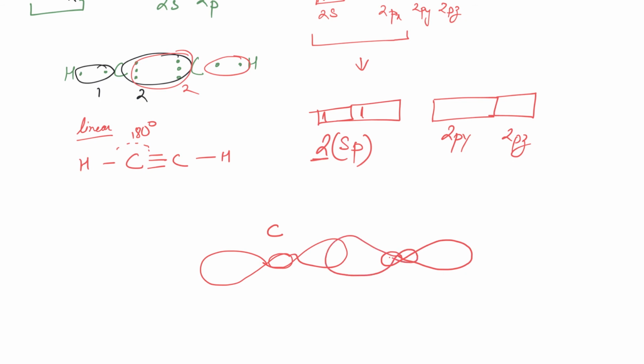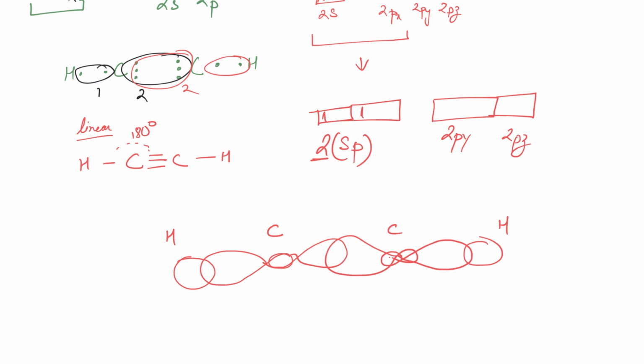So you can clearly see this is carbon, this is carbon, this is hydrogen, hydrogen. And those are the orbitals of hydrogen. That's so far so good.